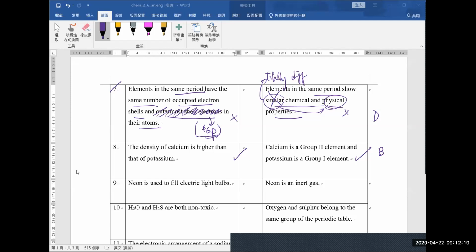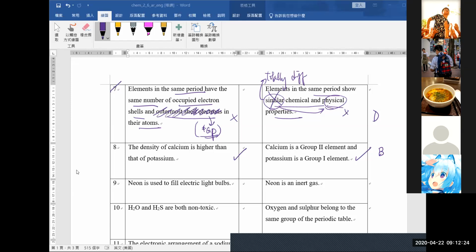Hey, Cyrus, tell me. You just give me an answer, but you did not give me your explanation. I asked you guys to give me an explanation. The density of calcium is higher than that of potassium.